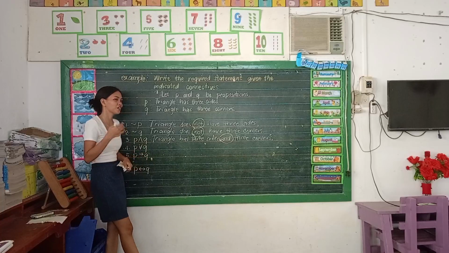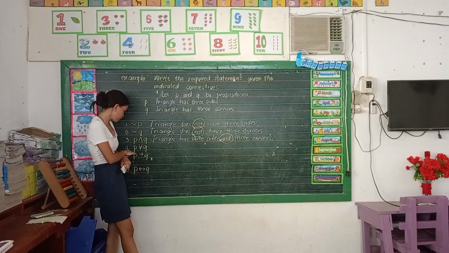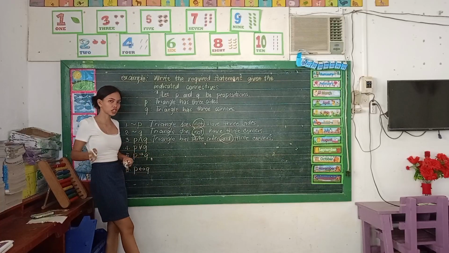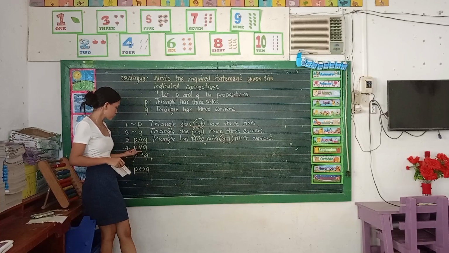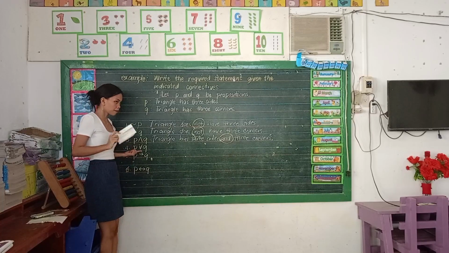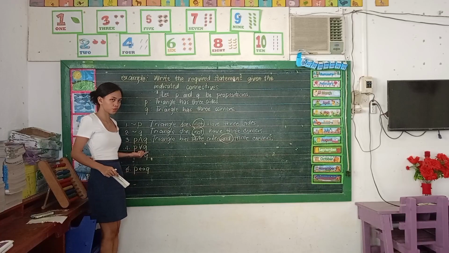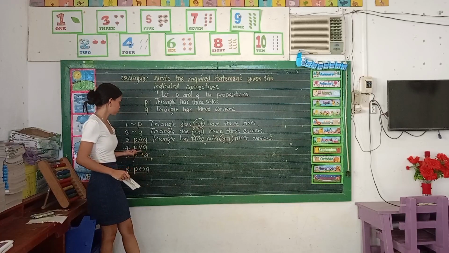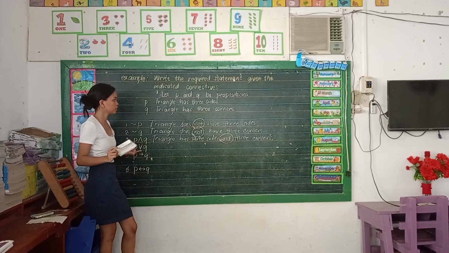Next, we are going to use the disjunction. As you can see, the symbol here is the capital V, meaning P or Q. Or is our connective in disjunction.